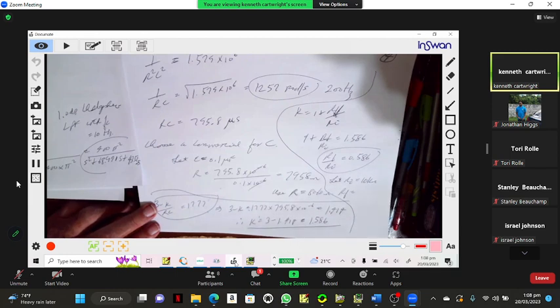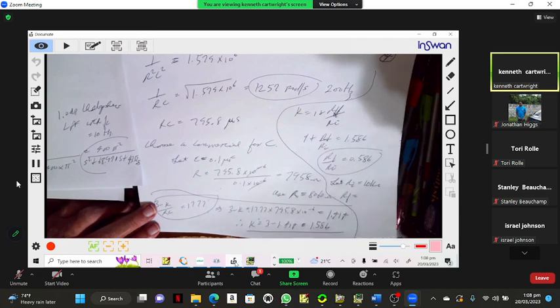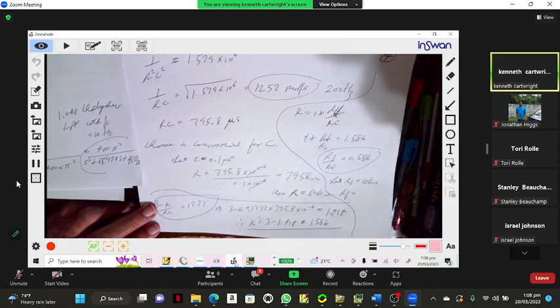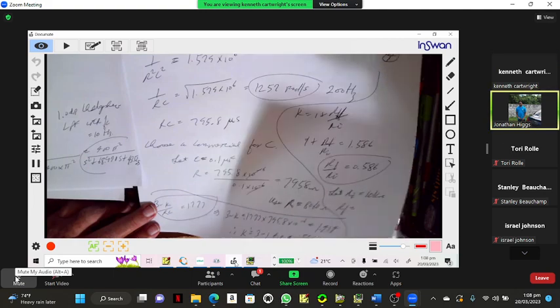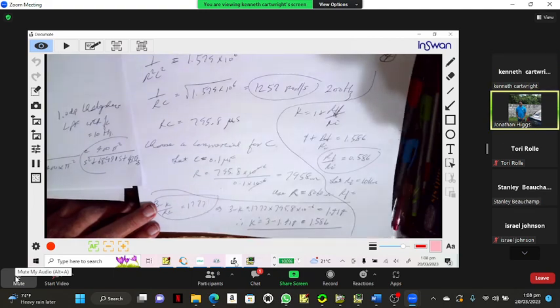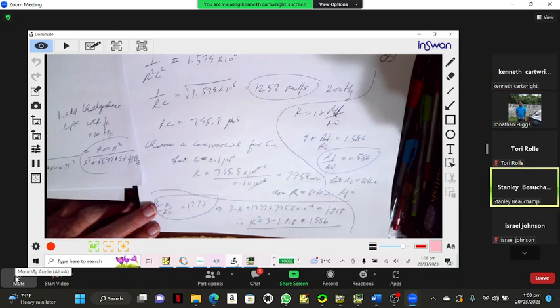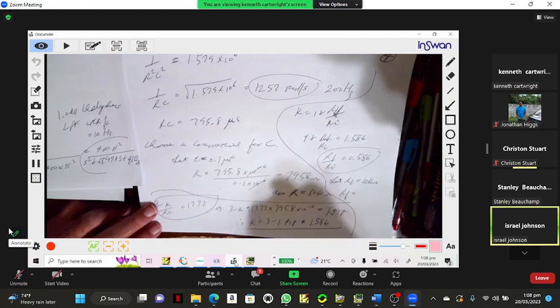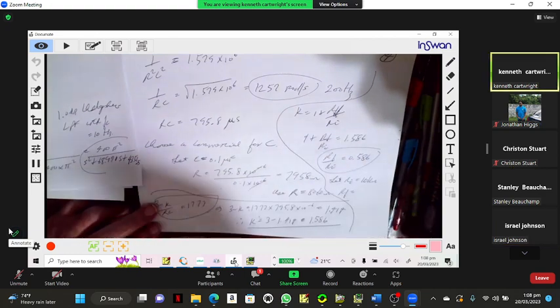What would be the value of RF? You simply multiply 10,000 by 0.586, so it will be 5,860. RF would be 5,860.